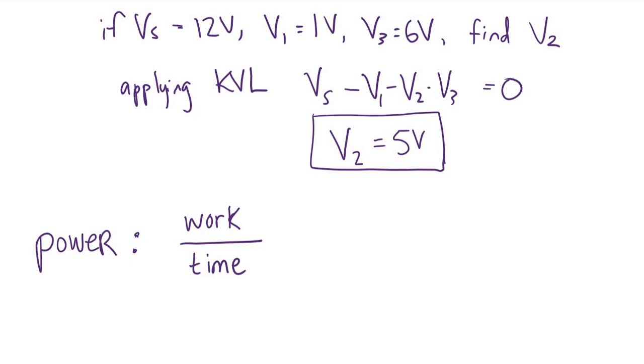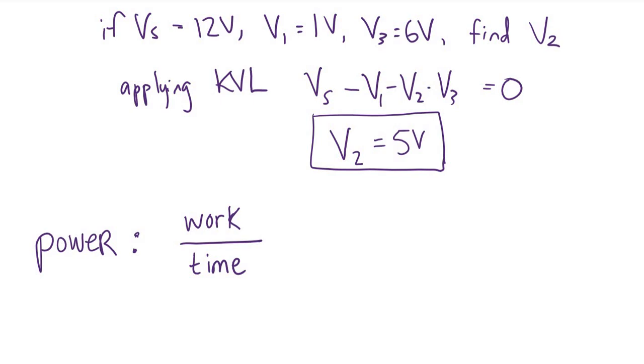So if you've ever had the pleasure of looking at or paying your own electricity bill, you might see on that bill that you're charged for a number of kilowatt hours. The power is the work per unit time.